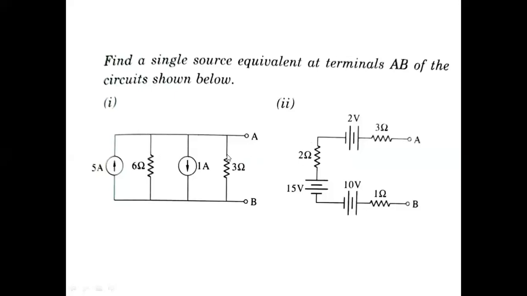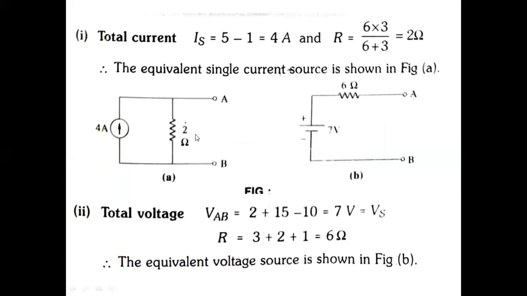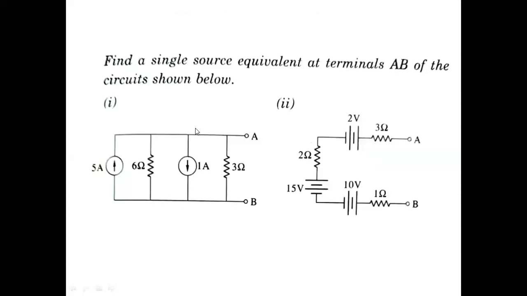Okay. Now, here there are two current sources, convert them into voltage sources. Sorry, two current sources are there, 5 ohms from B to A, and this is A to B. By applying KCL you will get 4 amperes, 4 amperes from B to A, and 6 in parallel with 3.